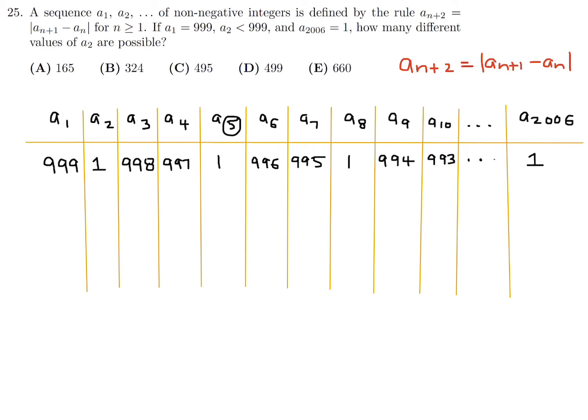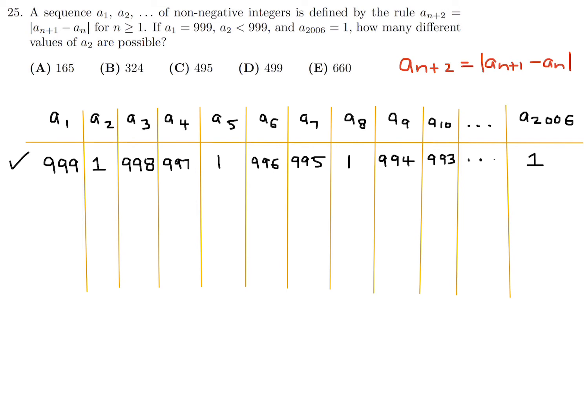For example, a5: 5 plus 1 is 6, a multiple of 3. a8: 8 plus 1 is 9, a multiple of 3. So if 2006 plus 1 is a multiple of 3, this will work. And it is. So this checks out.